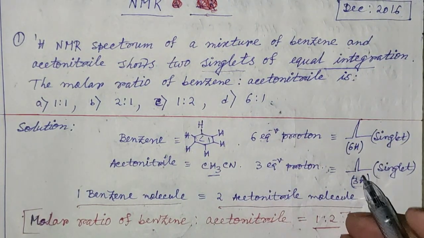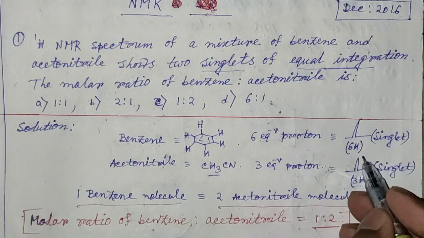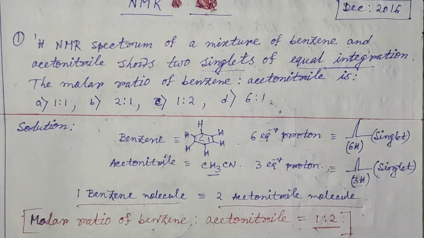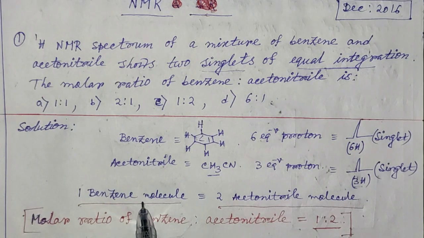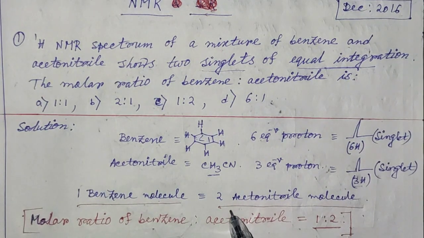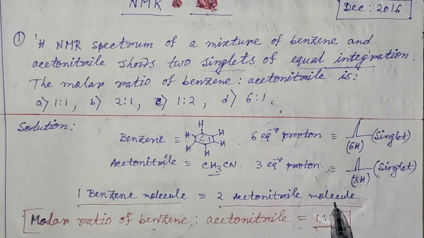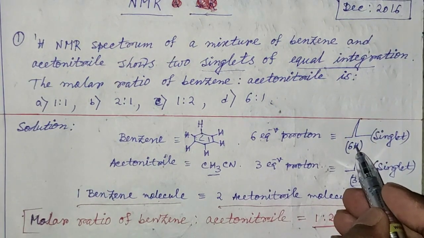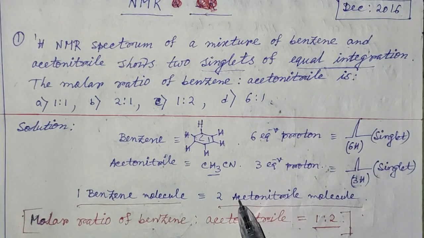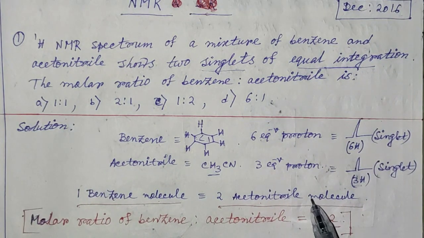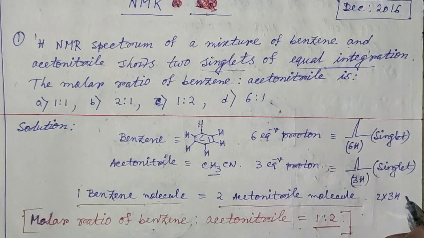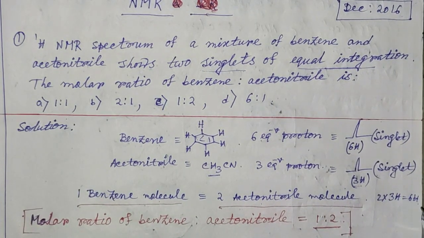If we have to give the spectrum of two singlet peaks of equal integration, we can say that for one benzene molecule the mixture should contain two acetonitrile molecules, because one benzene molecule will give a singlet peak corresponding to 6 hydrogen atoms, and two acetonitrile molecules will also give a singlet peak corresponding to 2 into 3 hydrogen, that means 6 hydrogen atoms.